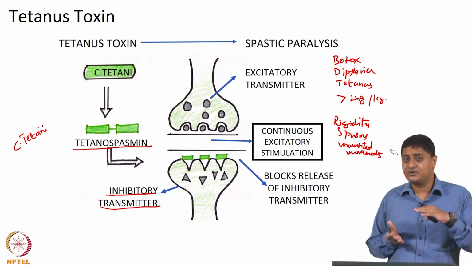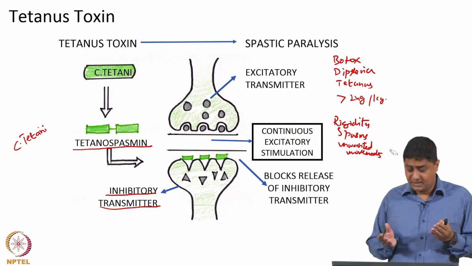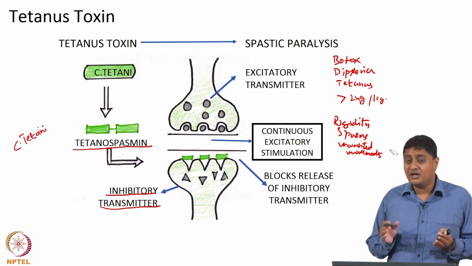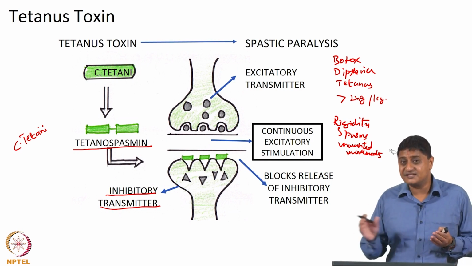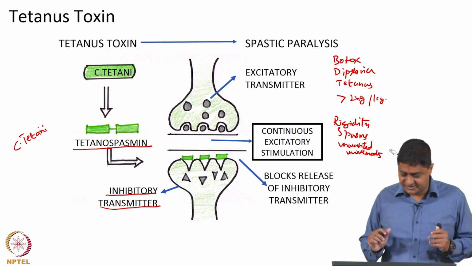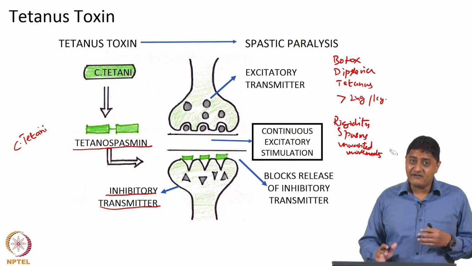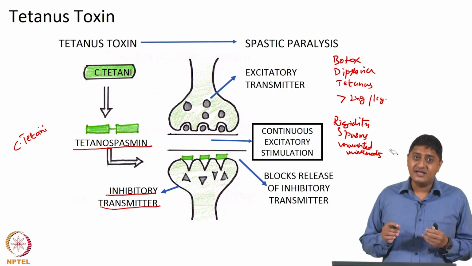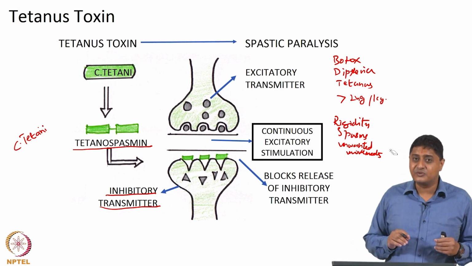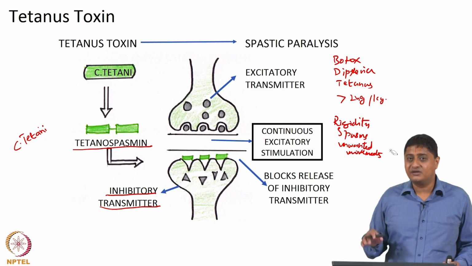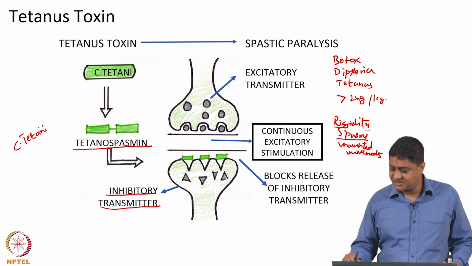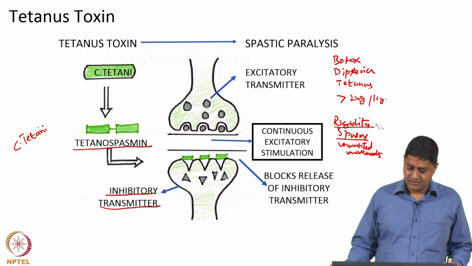The action of acetylcholine is balanced by the inhibitory neurotransmitters such as GABA and the action of esterases such as acetylcholinesterase and other such things. So, when this fine balance is tipped in favor of acetylcholine, excess acetylcholine remains at the postsynaptic terminal, causing unwanted movements, spasms, rigidity, etc. Okay.